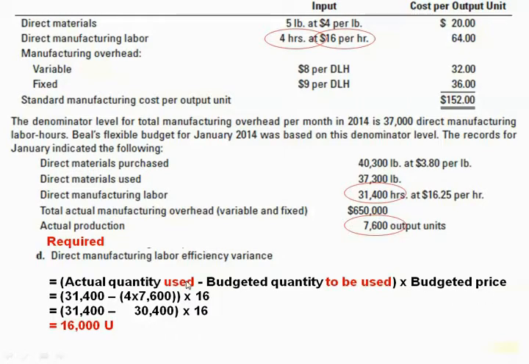Actual quantity used, 31,400 hours, minus budgeted quantity to be used, which is 4 hours multiplied by 7,600 units, all multiplied by budgeted price per labor hour, which is $16 per hour. So 31,400 minus 30,400, multiplied by 16, equals $16,000 unfavorable variance, as actual quantity used is more than budgeted quantity estimated to be used.